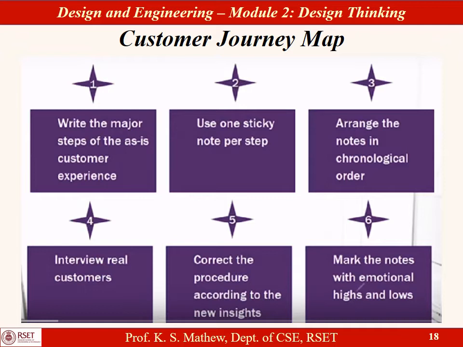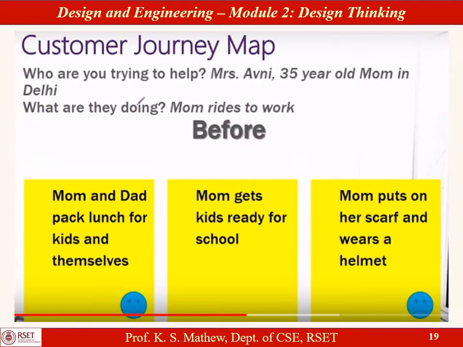the feelings of the user when he does that activity using an emoji, a smiley or a sad face or whatever, right? It is better to divide this activity into at least three stages. What happens before he does that activity or goes through this experience, what happens during that experience or activity, and what happens after the activity.